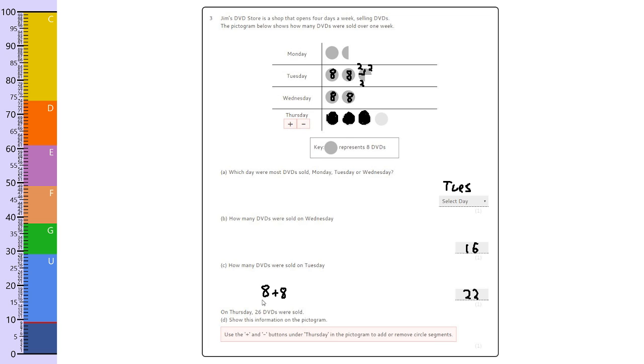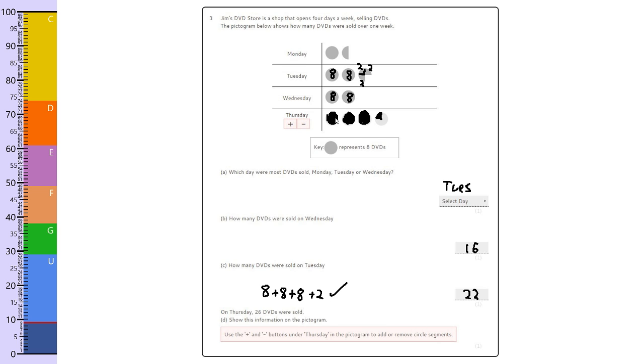I'm doing a very good job colouring these in, but anyway. Now that's 24. And if you're not sure, just do it on your calculator. 8 plus 8 plus 8, 24. Now we need another 2. So I'm just going to shade in 1 quarter. That's another 2, and that equals 26. So we know we've got the right answer.